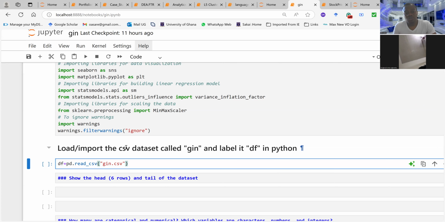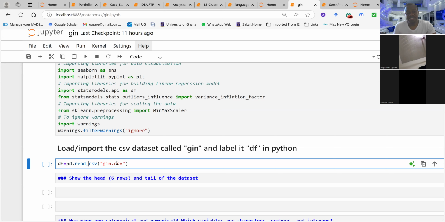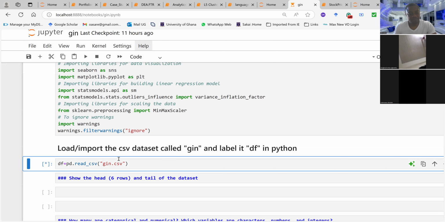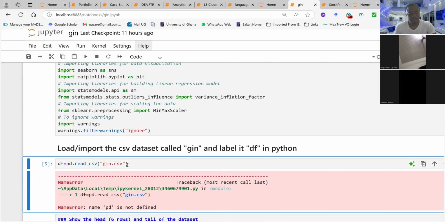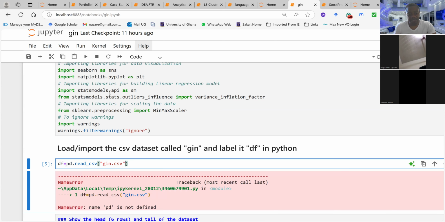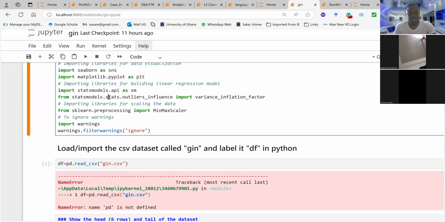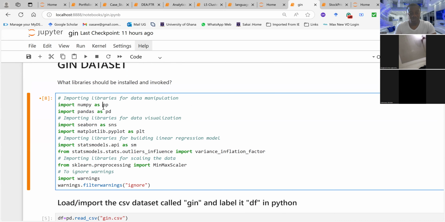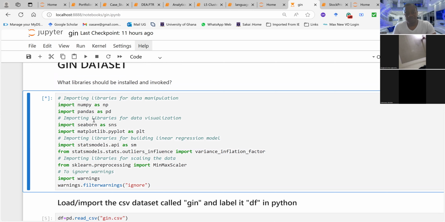That's how you do your loading. Now let's run it and see whether it's going to work. So click run. Okay, I have not loaded pandas, so let me load pandas. At the top here, I need to run this command to load pandas. It's going to take some time in my case because I have other libraries.